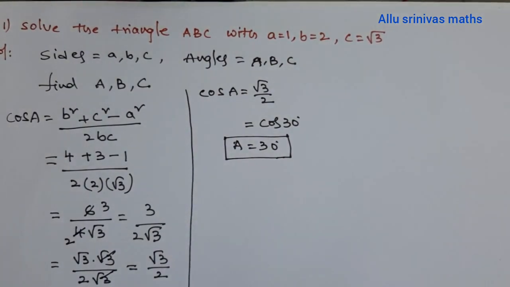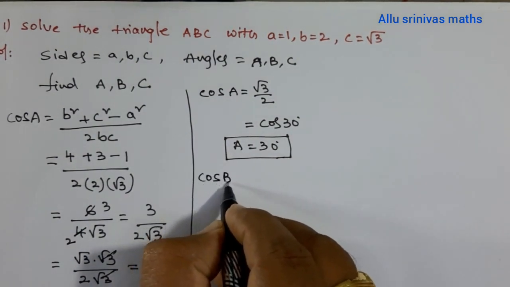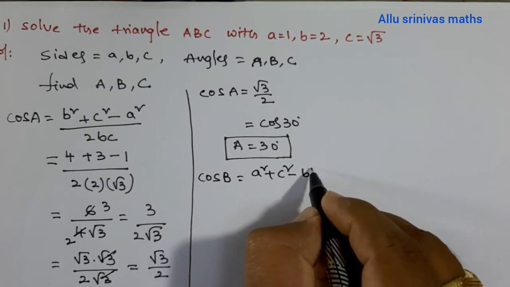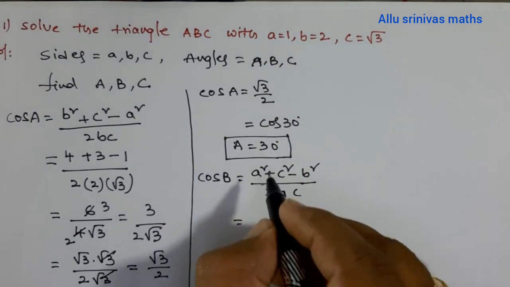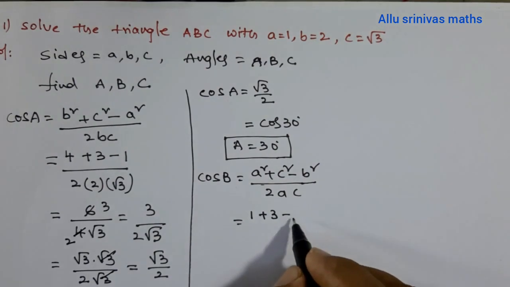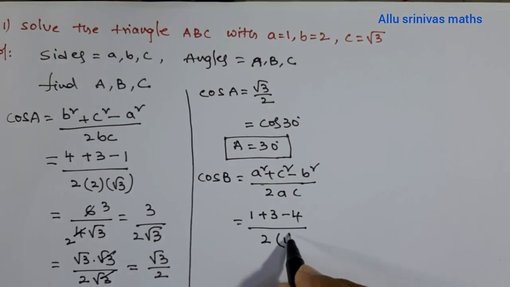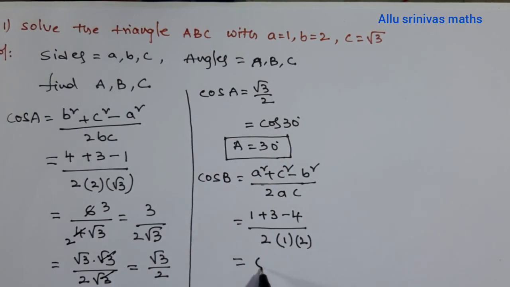Next we have to find the angle B. The formula of cos B is a square plus c square minus b square by 2ac, where a is 1, 1 square is 1, c is root 3, square is 3, b square is 4, by 2ac. a is 1, 2 is 2. 1 plus 3 is 4, 4 minus 4 is 0, 0 by something is 0.